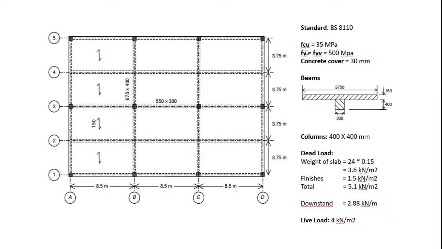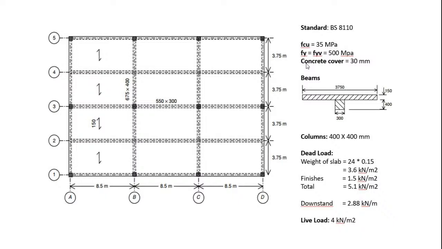So we shall use the characteristic strength of concrete to be 35 megapascal, the strength of steel, both for shear and longitudinal reinforcement, to be 500 megapascal. And for the concrete cover for all reinforcements, we shall take 30 millimeters.